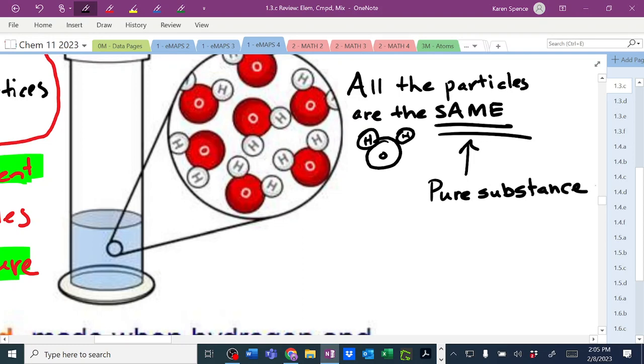In this particular case, we have H bonded to the O. So we have two different elements.